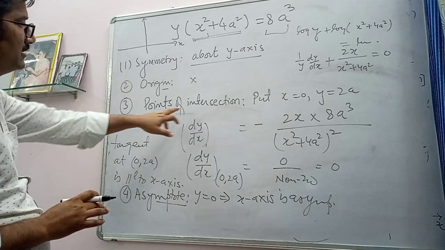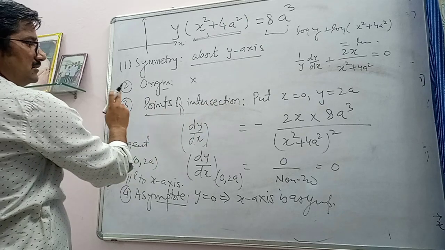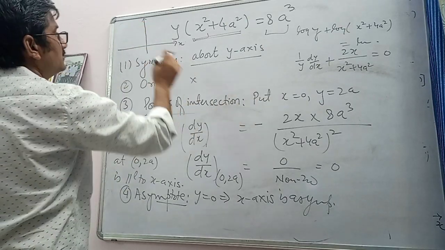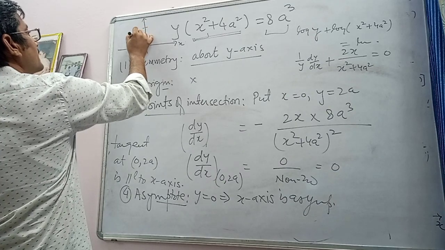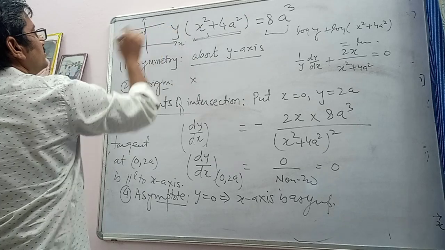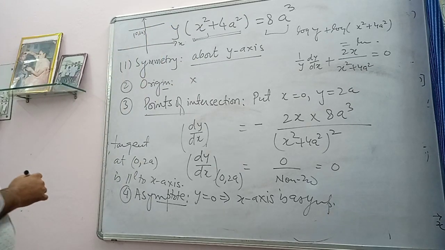Next is points of intersection. The curve intersects the y-axis at the point 0, 2a, and the tangent at this point is parallel to the x-axis.